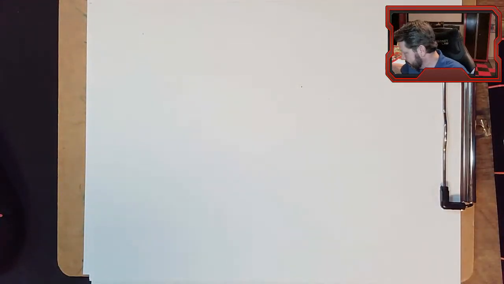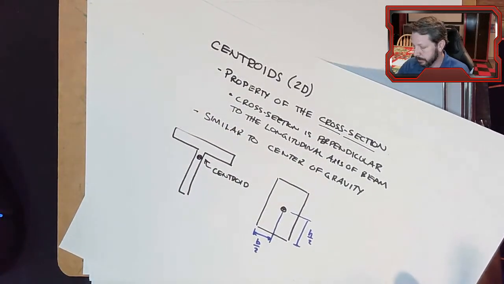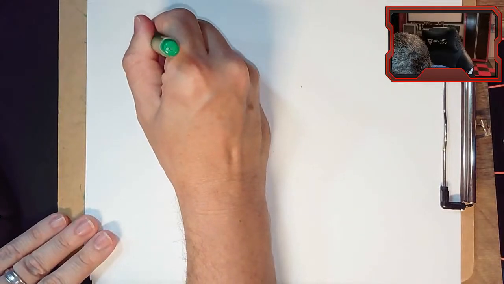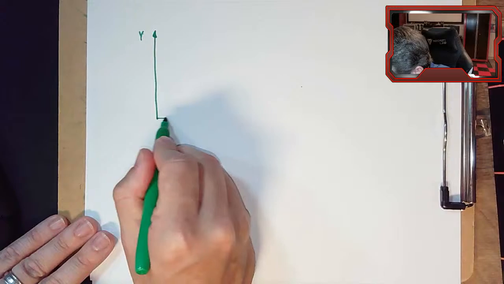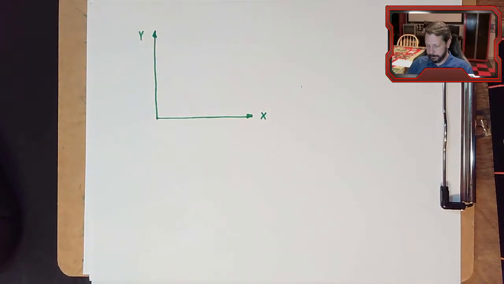All right. So to get to the abstract, we're not going to deal with something that's defined as a T or a rectangle. We're going to use a generic shape. So first, let's put it in a coordinate system. So there's our coordinate system.